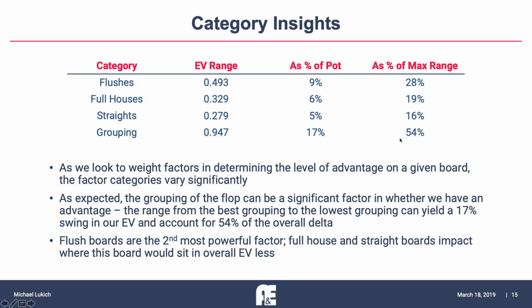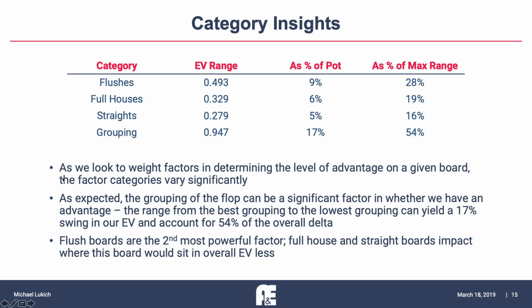So there was almost 2 big blinds of a max range, and 54% of that is impacted by the variability in our groups here. So the best group is worth almost a full big blind better than the worst group.